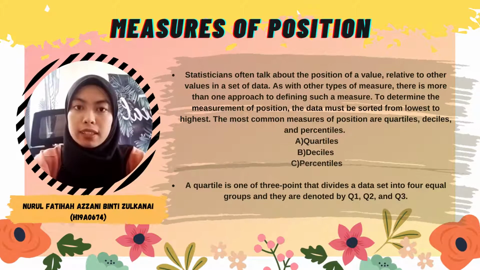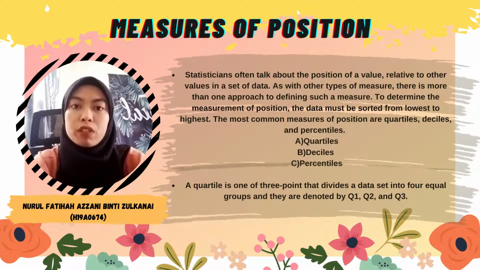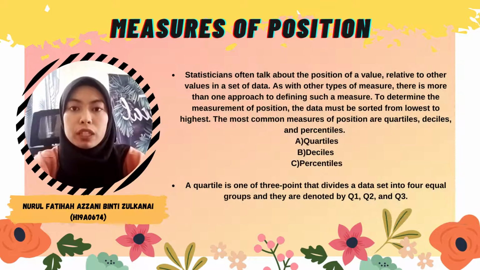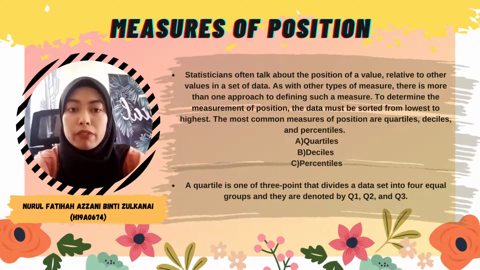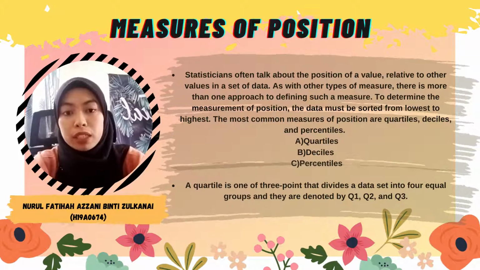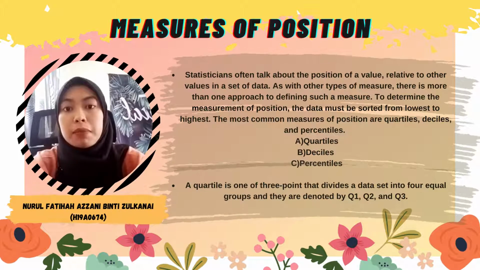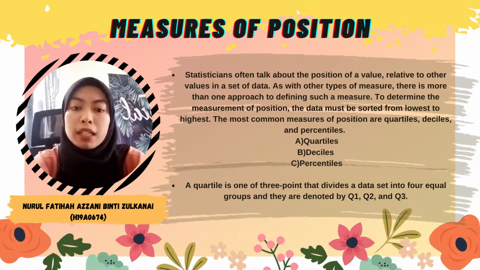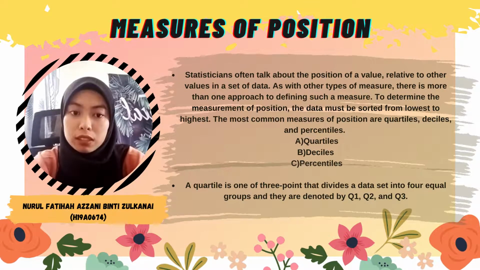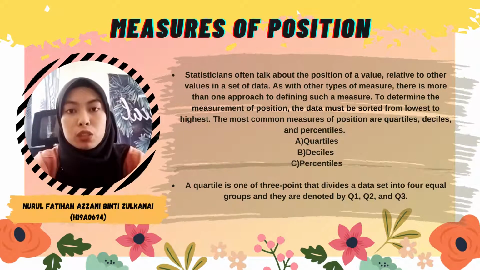Okay, next is measure of position. Statisticians talk about the position of a value relative to other values in a set of data. As with other types of measures, there is more than one approach to defining such a measure. To determine the measure of position, the data must be sorted from lowest to highest.